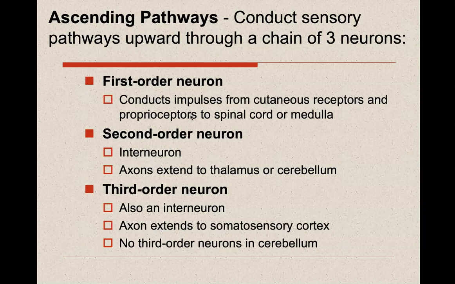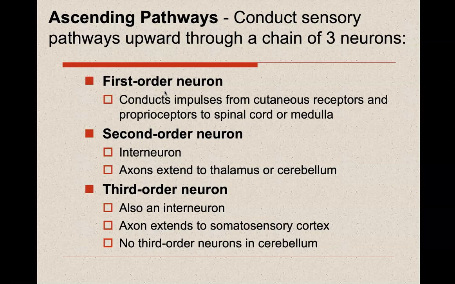And the medulla, remember, is the medulla oblongata. So these are called first order neurons. Okay, it's nice and easy, right? Because they're the first neuron in the sensory pathway. So they're taking information from the receptor to the spinal cord. First order neuron. Second order neuron is going to be your interneuron.